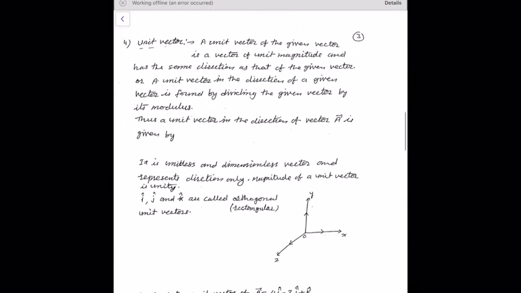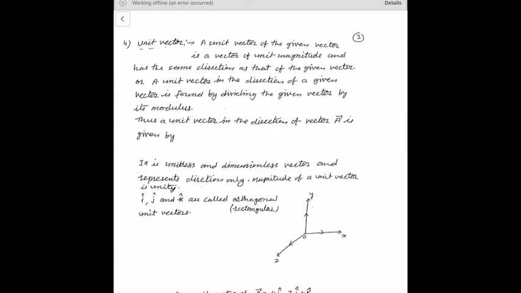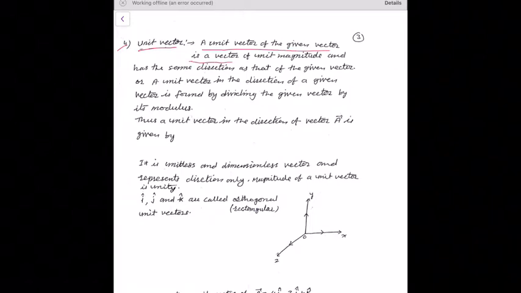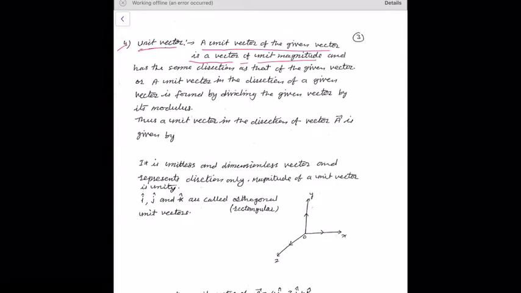Next, fourth, unit vector. A unit vector of the given vector is a vector of unit magnitude. Means the magnitude of a unit vector is always 1 and it has the same direction as that of the given vector.